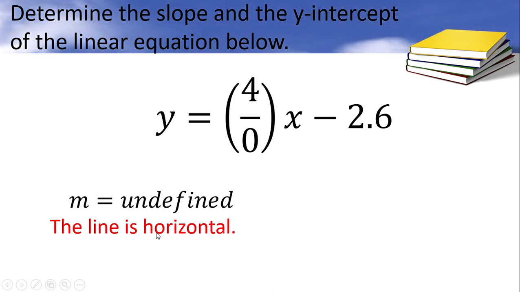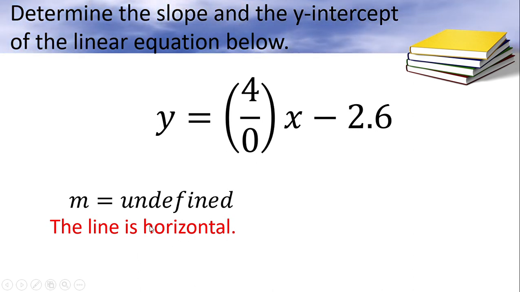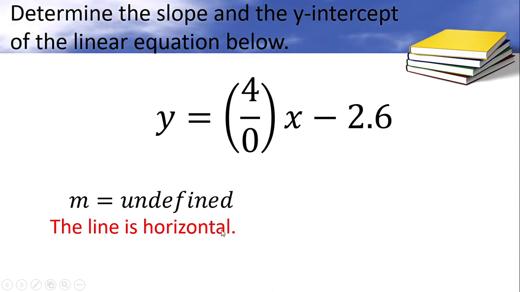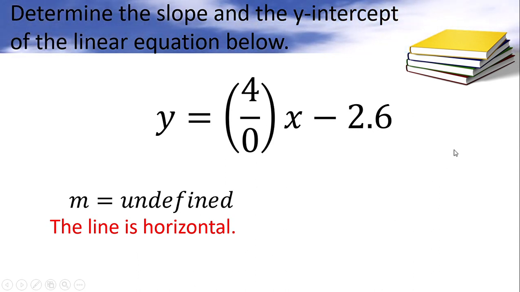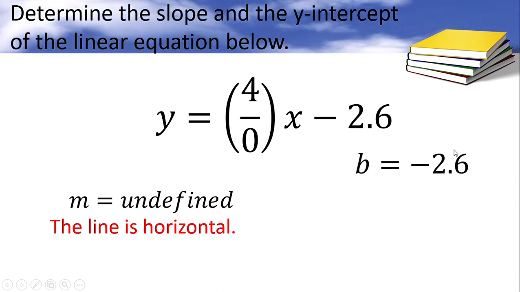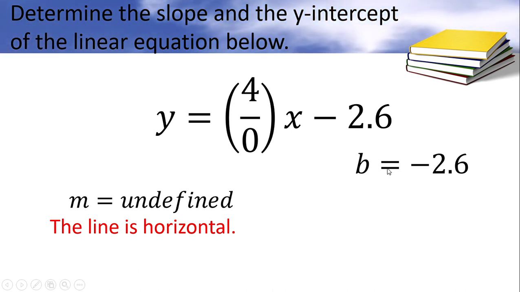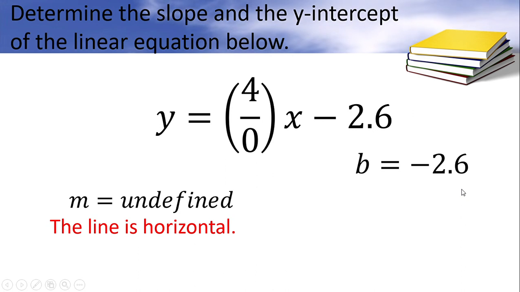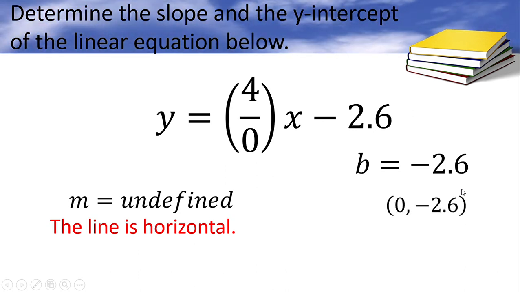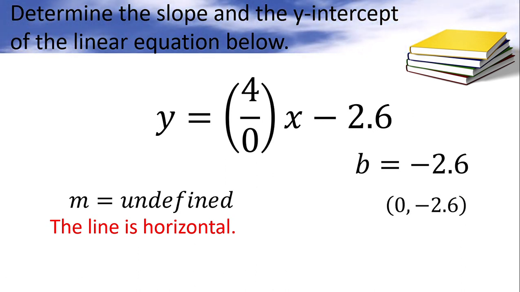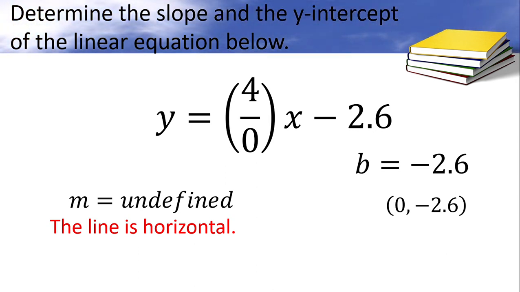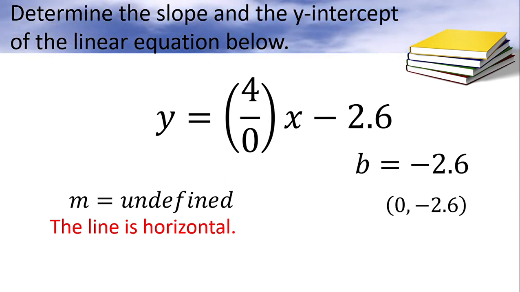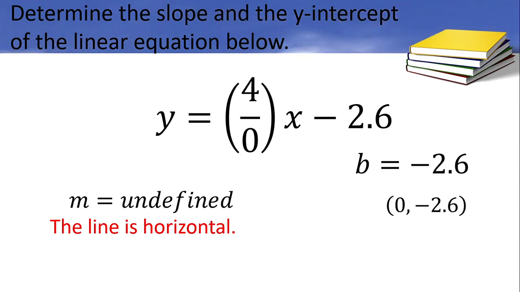If we have an undefined slope, our line is vertical. Then our y-intercept is b is equal to negative 2.6, so the graph will intersect at (0, negative 2.6).